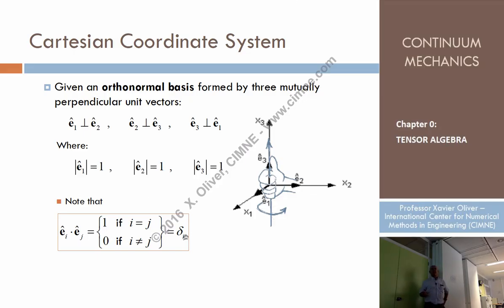I will go back to that with the Kronecker delta, which is a symbol that has two subindices, ij. When i is equal to j, that symbol takes the value 1, and when i is different from j, that symbol takes the value 0.